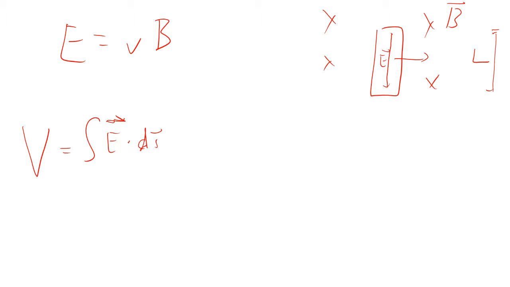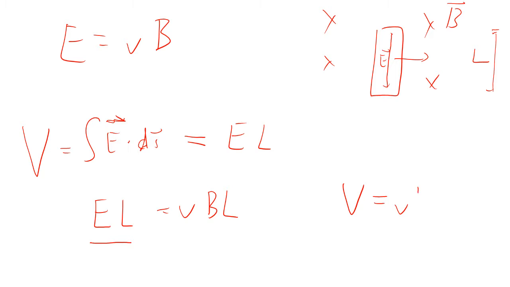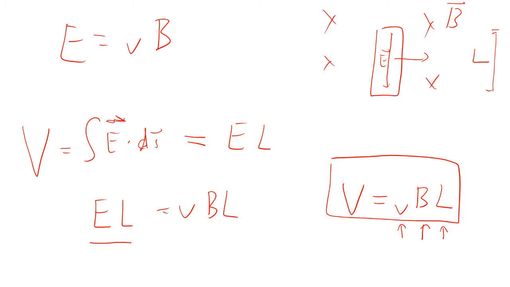In this case, the dot product goes away because we're all going in a straight line and everything's constant, so it's just going to be E times L. If I multiply both sides, E times L equals vBL, so the voltage is going to be equal to vBL, where little v is velocity, B is the magnetic field, and L is the size of the object.